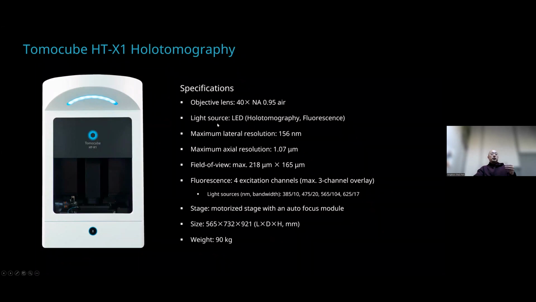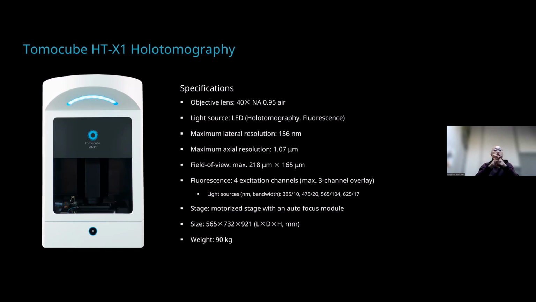So this is the summary of the specification of our second generation of HT. The reason why I mention second generation is because there was a first generation of HT based on a laser, and the first generation only measured a thin slice. But the second generation uses an LED, which means sample viability is much better than using a high-power laser. And it does not have any speckle noise, which was induced by the use of the laser.